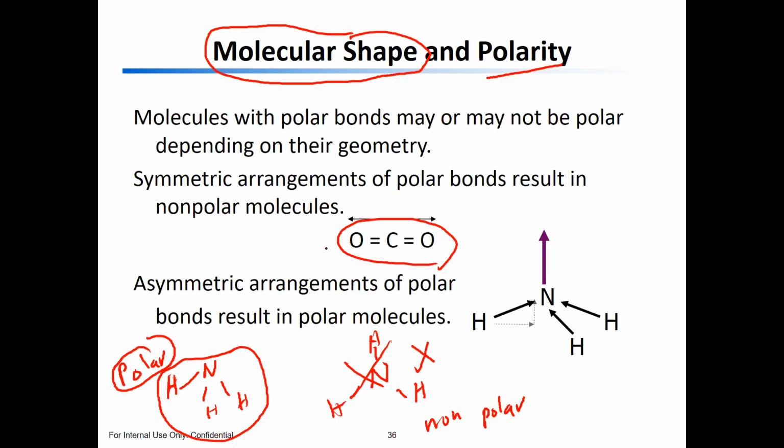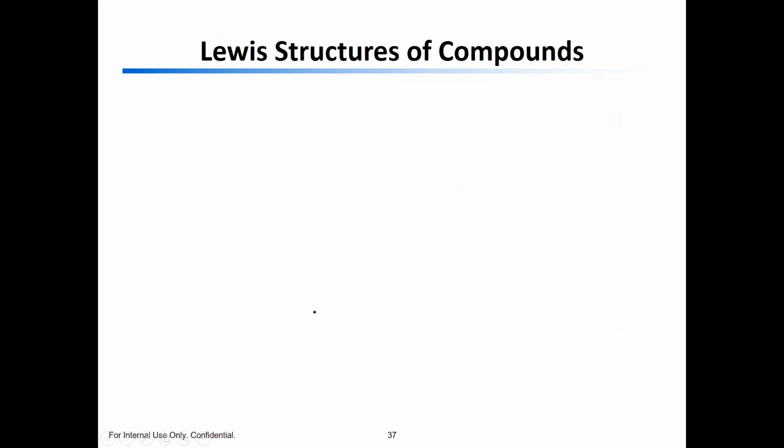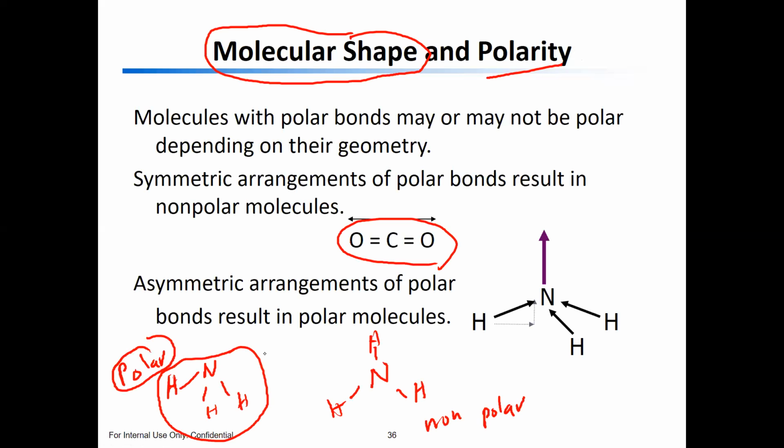So this idea of polarity, non-polar, it kind of tells us it can't be this shape here on the right. It has to be a shape not to be non-polar. So little things like this give us an indication that the shape of NH3 is probably going to be like this on the left.